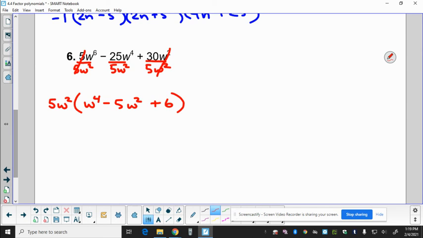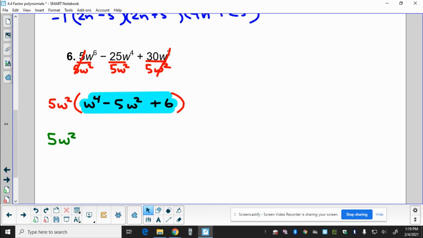Okay, we're not going to be done here. I want everybody to look at this carefully. Of course, we have our greatest common factor that will remain. But what do you notice about this trinomial? What do you think? I'm thinking we could factor it like a normal trinomial if it were quadratic.